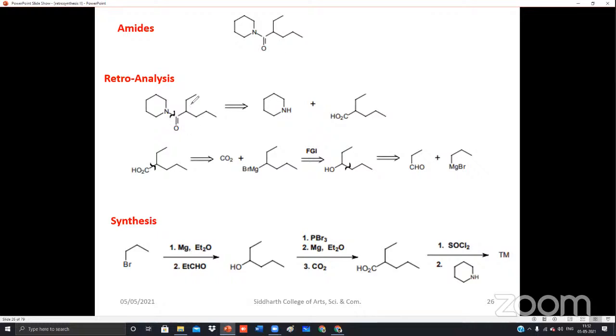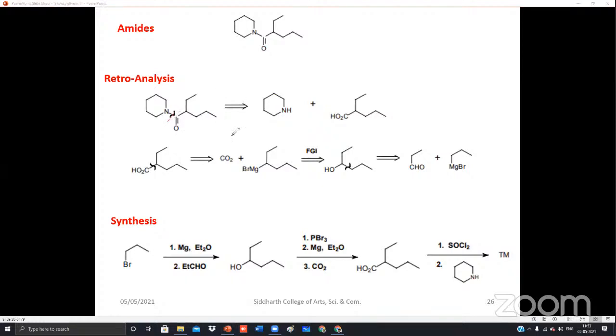Now this is an amide. You know that an amide can be easily synthesized when an amine and an acid chloride or acid react together, there is an amide bond formation. This simple synthesis we all know. In the same way we are going to move ahead: this is the amide bond, we are going to disconnect.